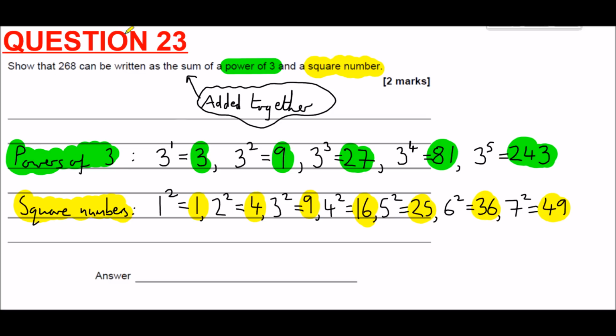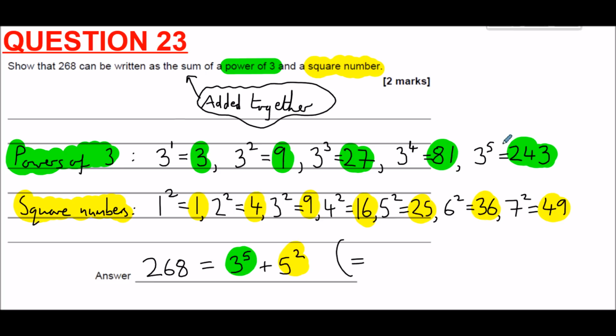And so 268 equals 3 to the power 5 plus 5 squared. So the power of 3 is 3 to the power 5, and the square number is 5 squared.